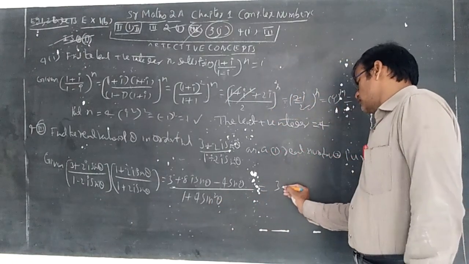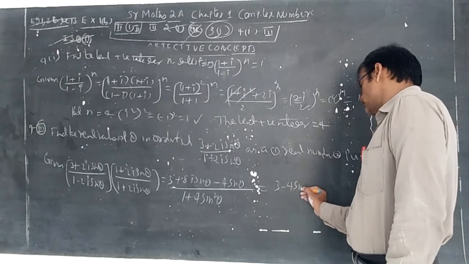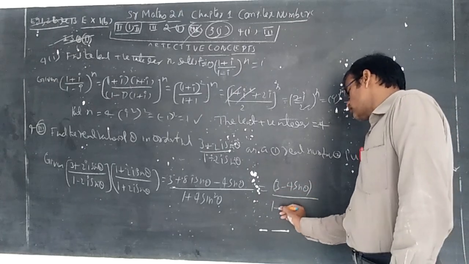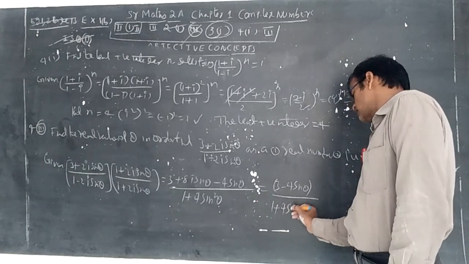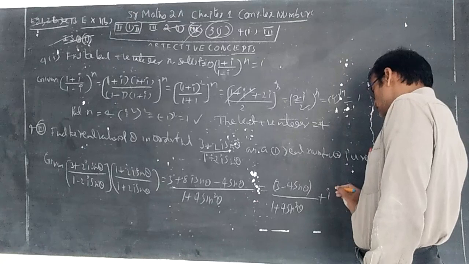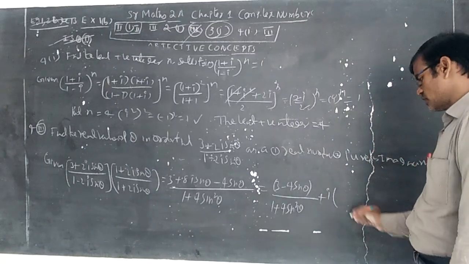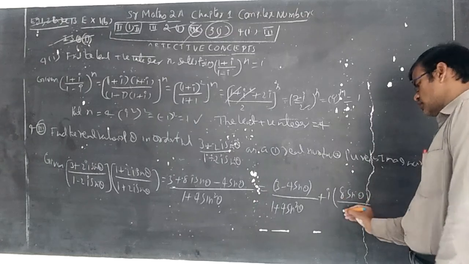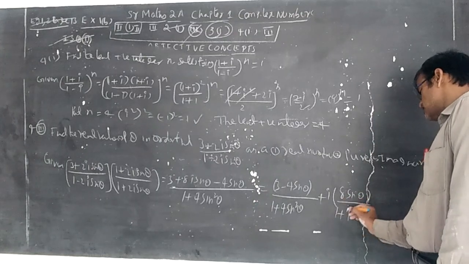Now you write here (3 minus 4 sin square theta) by (1 plus 4 sin square theta), plus i taken common, 8 sin theta by (1 plus 4 sin square theta).